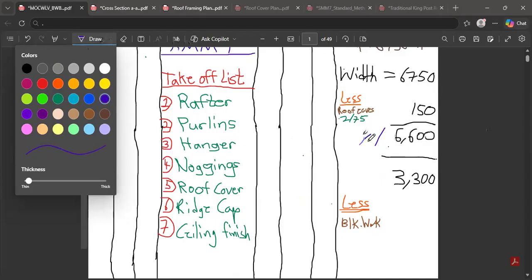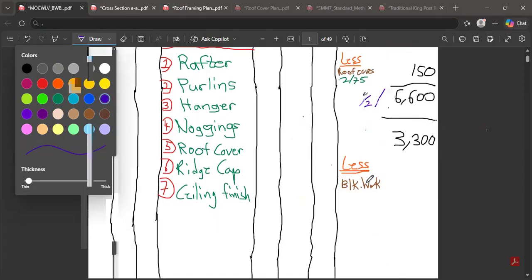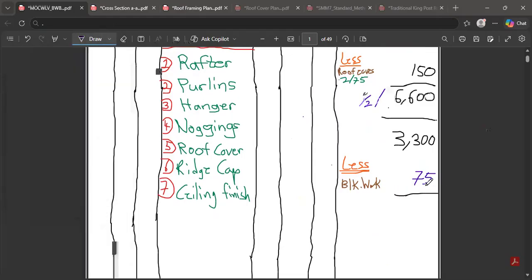So it was the half. So now, as we wanted to proceed, if we want to less the block work, we are just going to less 75. So we are lessing 75 from this. So this is the 75 I'm putting over here. That is the block work. As simple as that. So let's subtract 75 from this. And what are you going to get?